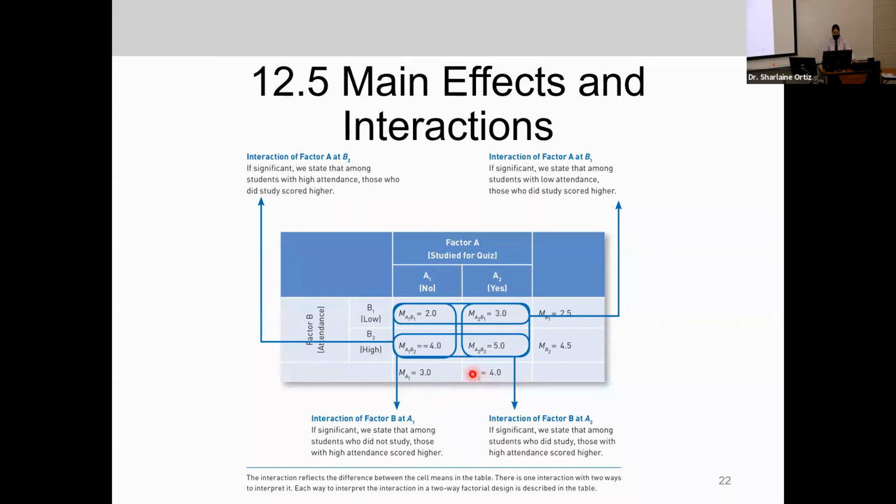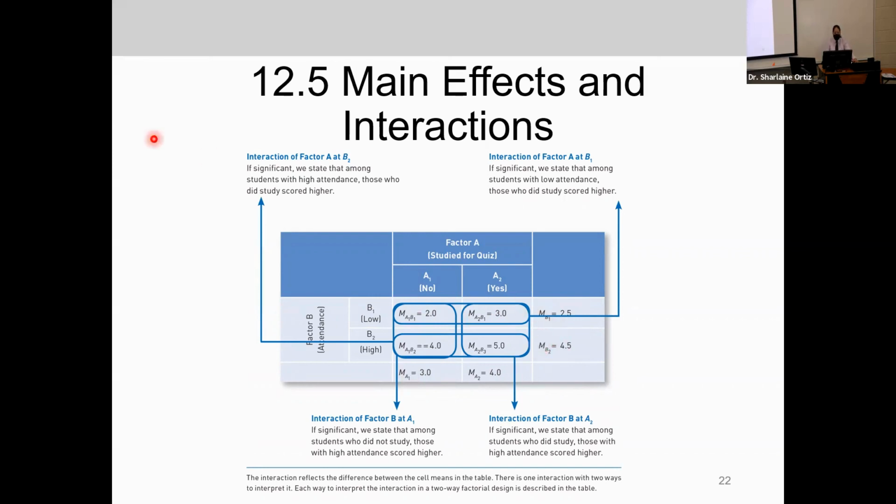Previously, we were looking at the mean for the main factor of A and the mean for the main factor of B. But now we're looking individually at each level, in a little bit more detail.